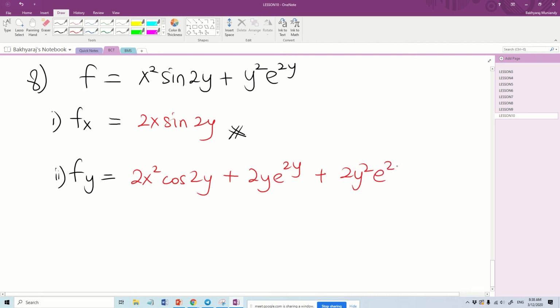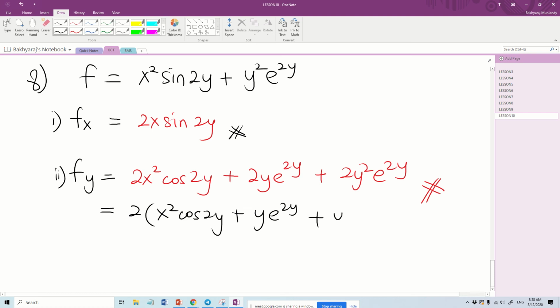Okay, correct. You can factorize first. You can take out the 2, because all terms have 2. But I think both answers are acceptable.